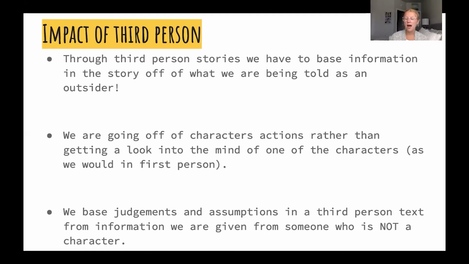We are not getting our information from a character who could think a certain way about another character and maybe not give us all of the information we need to make a correct judgment or have a full understanding of that character. But with third person, we are being told everything from the outside perspective, which lets us have a full look at everything going on within our story.